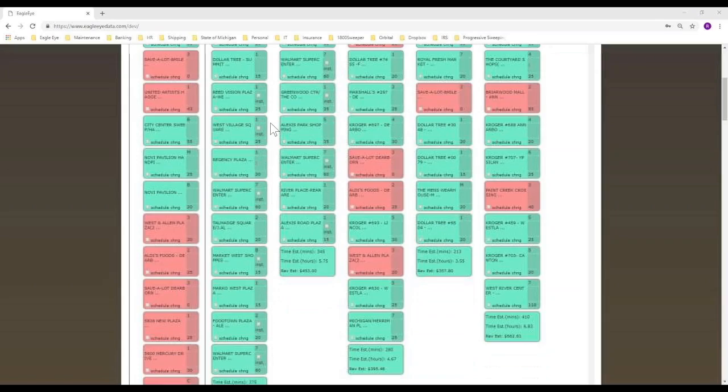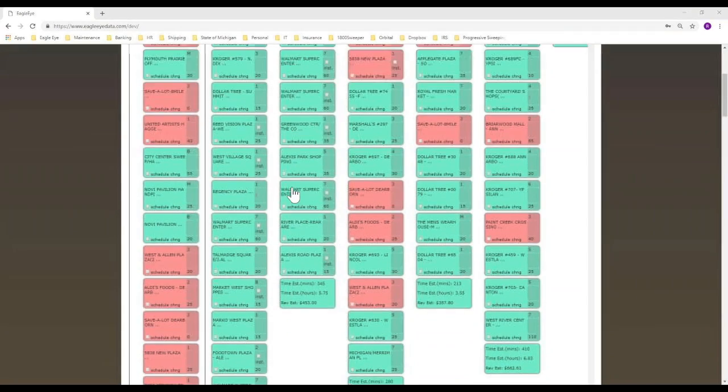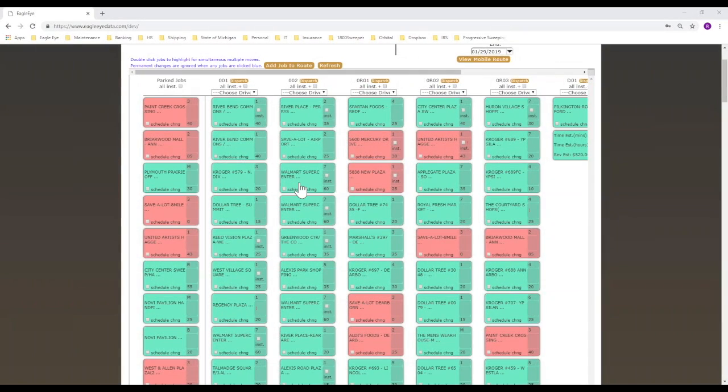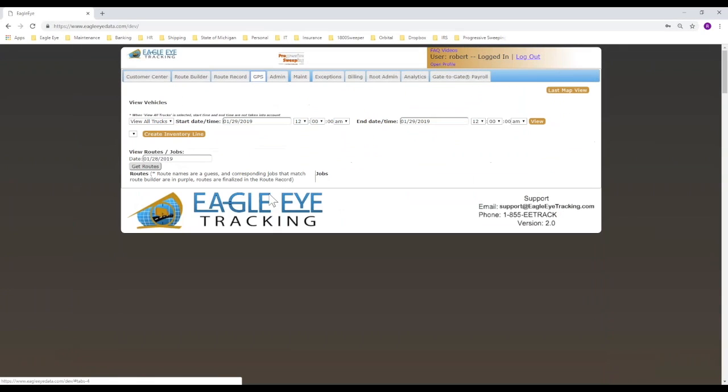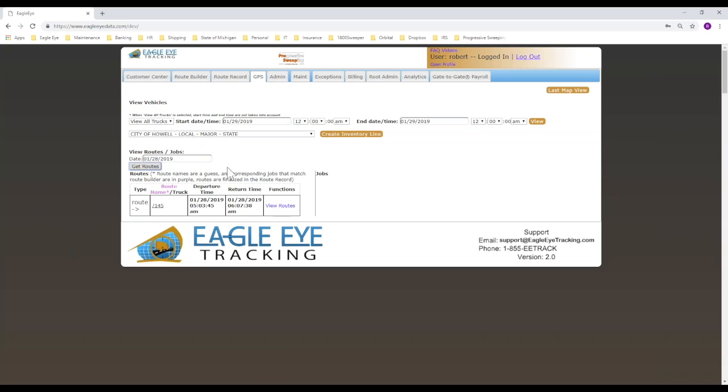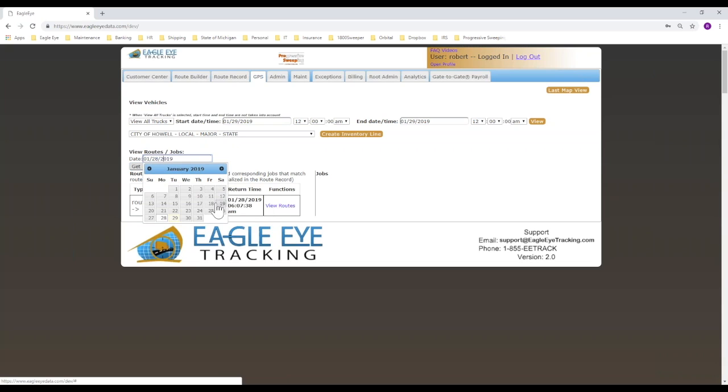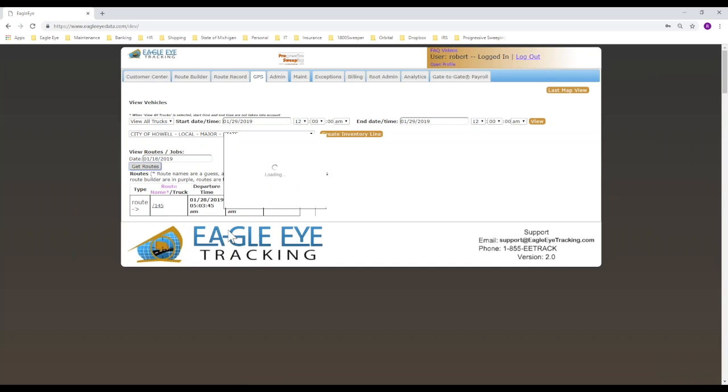When you're looking at the jobs, once you have your job set, there currently is no route optimization in Eagle Eye, but you can get an idea of how the route occurred for the prior day. Let me go back a few days here.